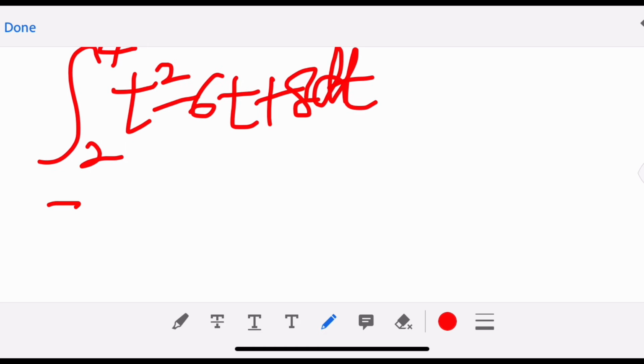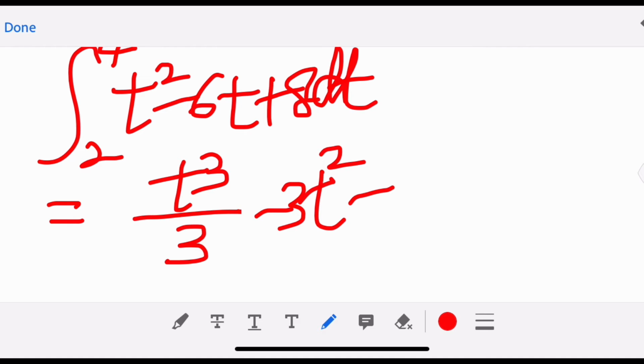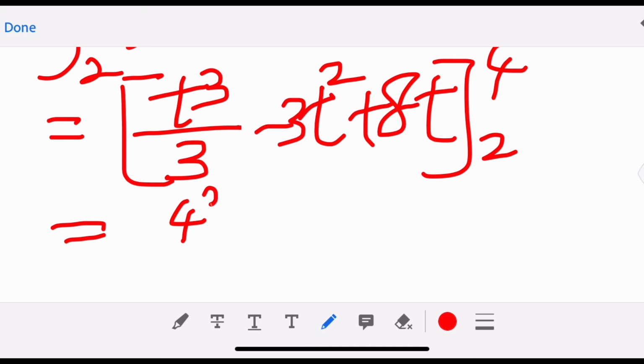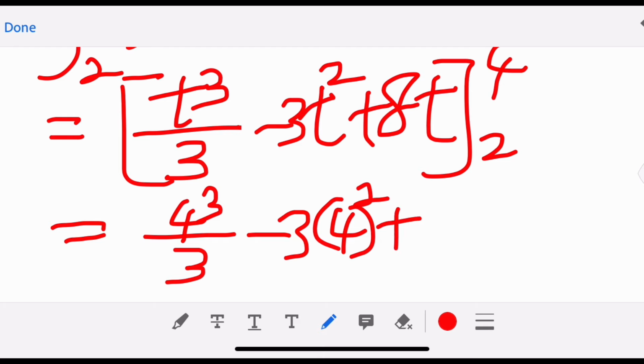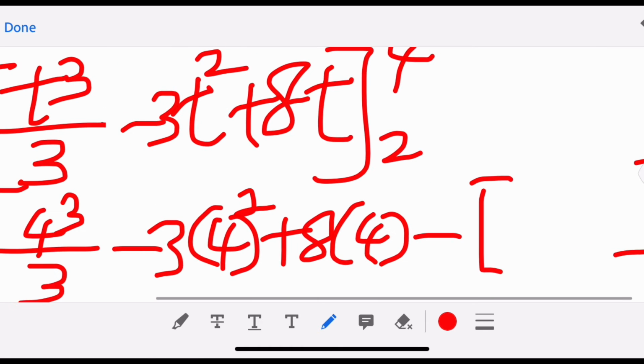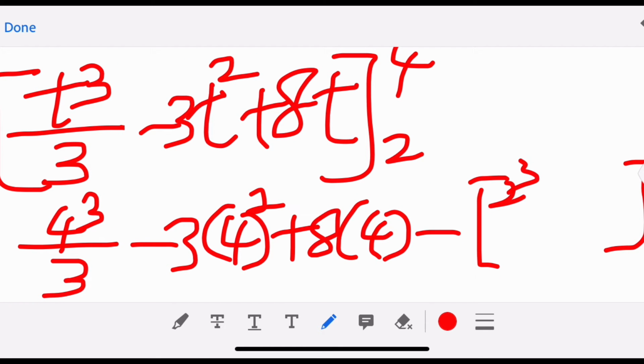If we integrate, we'll get the same as just now, plus 8t, and we will substitute from 2 to 4. We will substitute 4 to the power 3 over 3, minus 3 times 4 squared, plus 8 times 4, and then minus, in fact we can use the answer just now. For the limit 2, it is 2 cubed over 3 minus 3 times 2 squared plus 8 times 2, right?